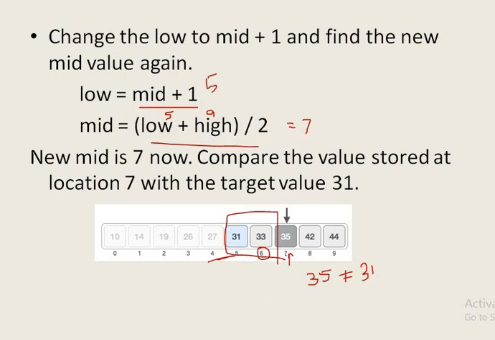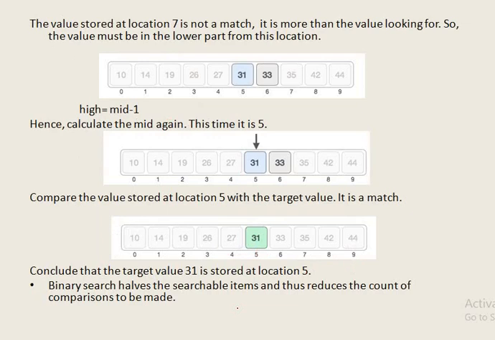Therefore, mid value can be reduced by 1 and made as the high value. That is, high will become mid minus 1. High becomes mid minus 1. That is, mid was 7 and 7 minus 1 will be 6 here. Therefore, high will be 6 now.